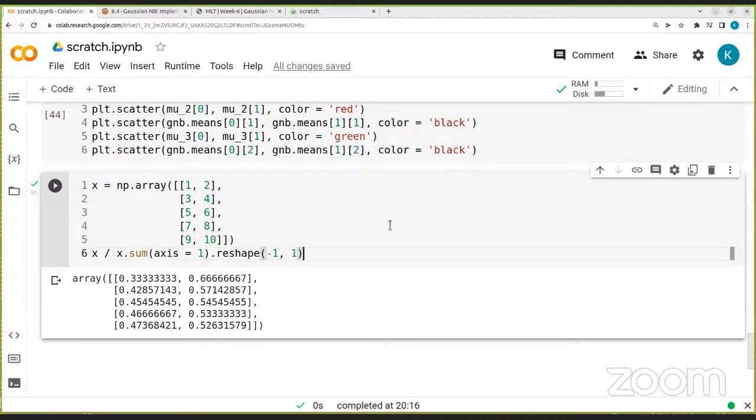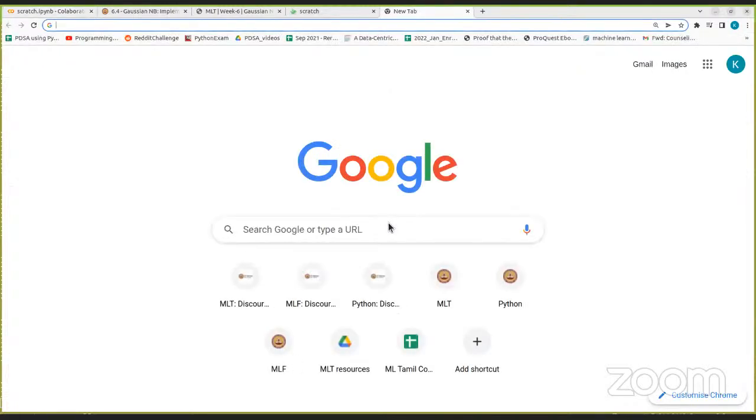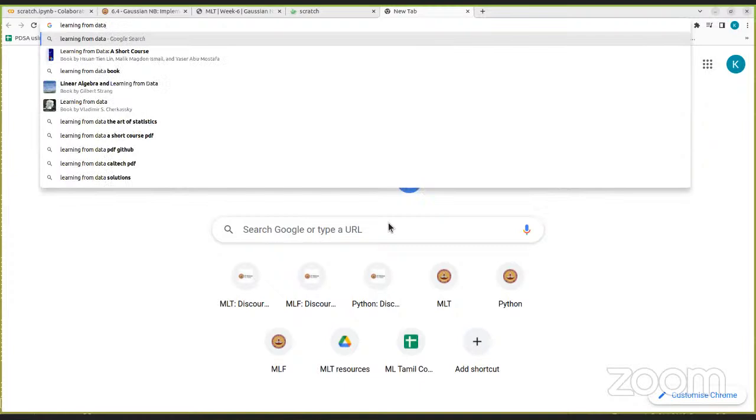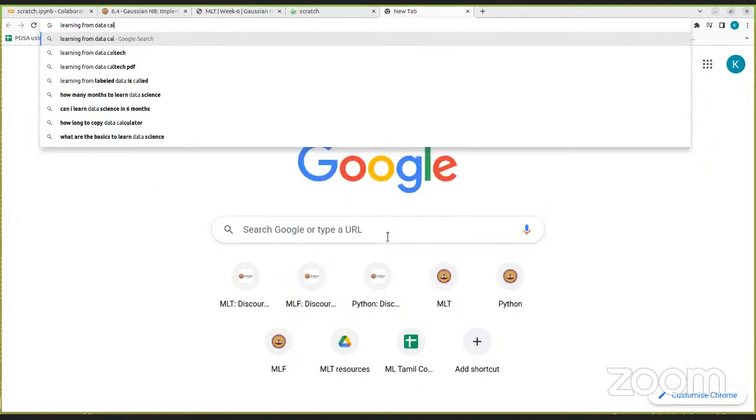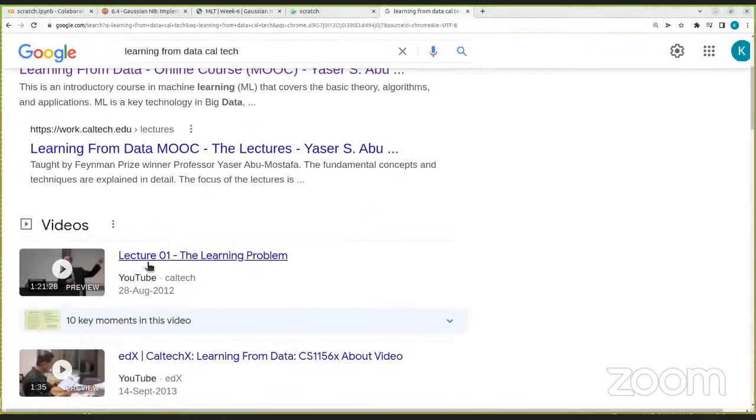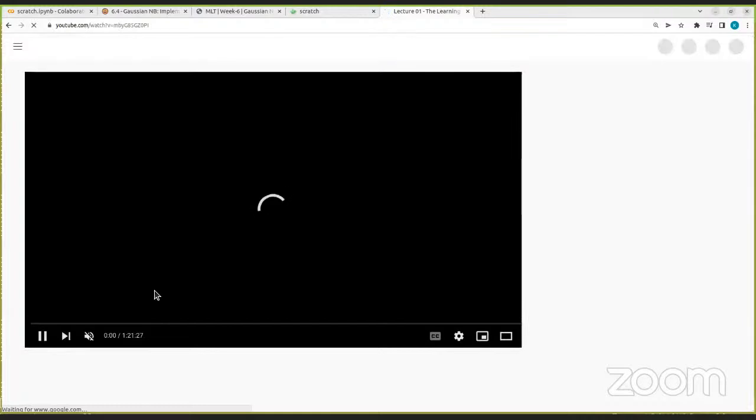if you want to look up some resources, there is this course called Learning from Data, I think from Caltech.